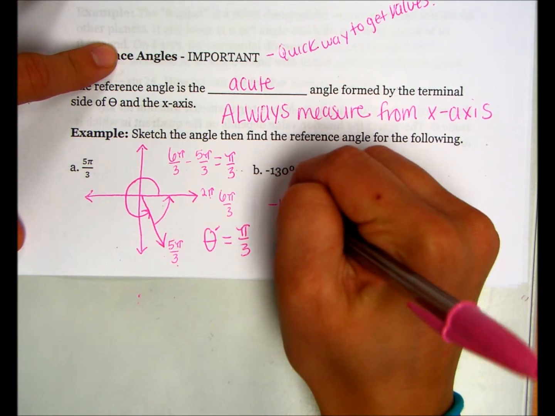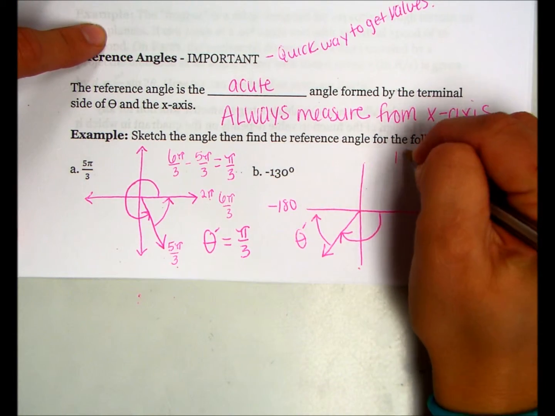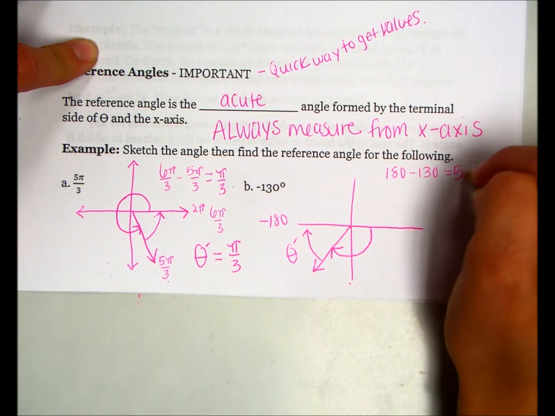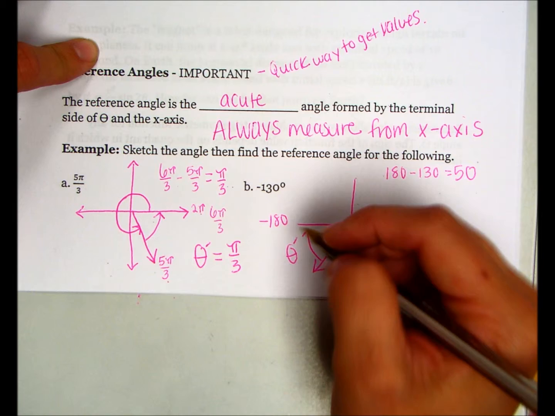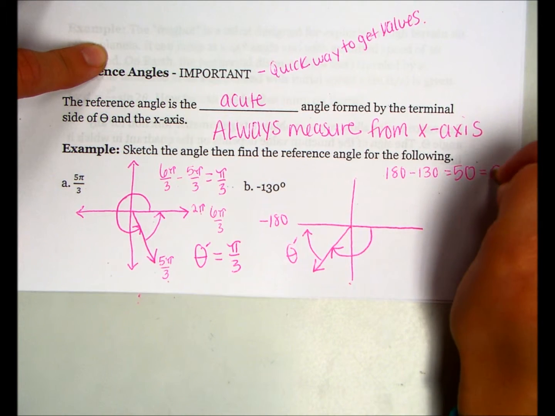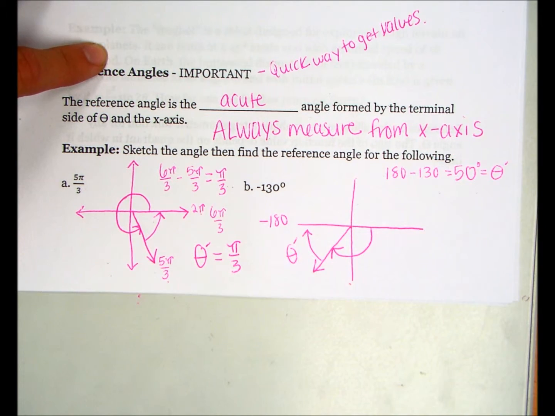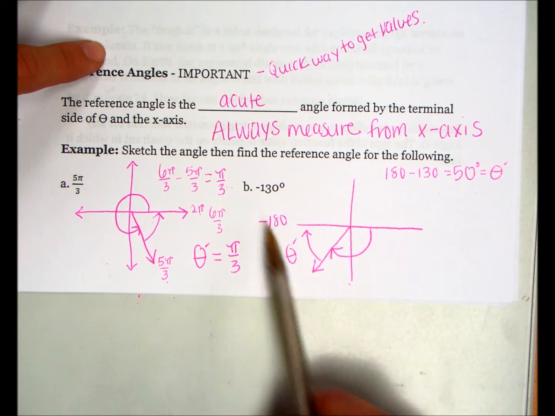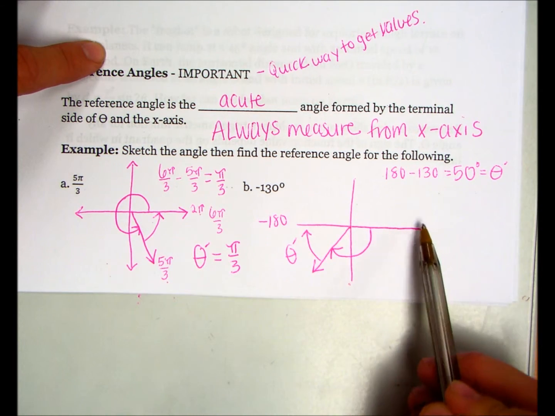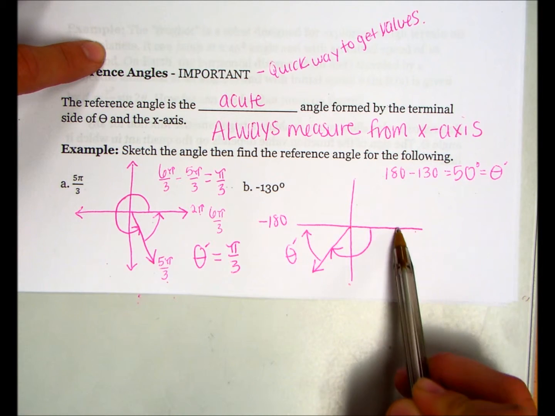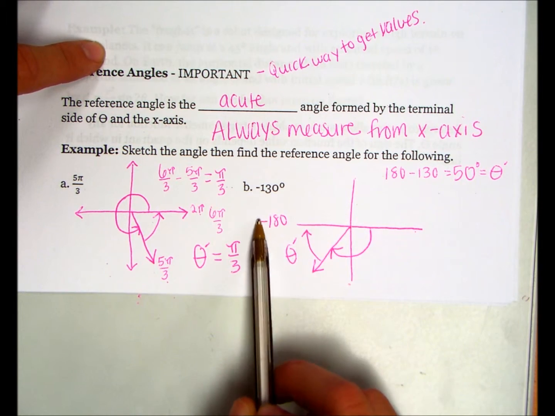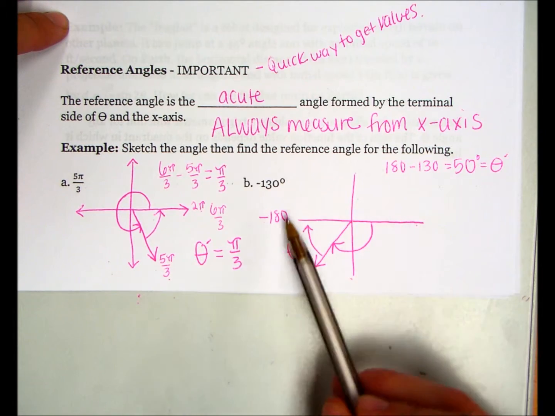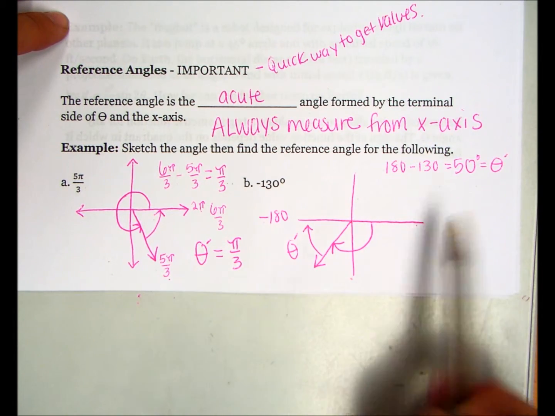I know this is negative 180, so really all I'm doing is 180 minus 130 to get that my reference angle is 50. I like to think of it as you're looking to get back to either 360, 180, or negative 180, or in terms of radians, pi and 2 pi.